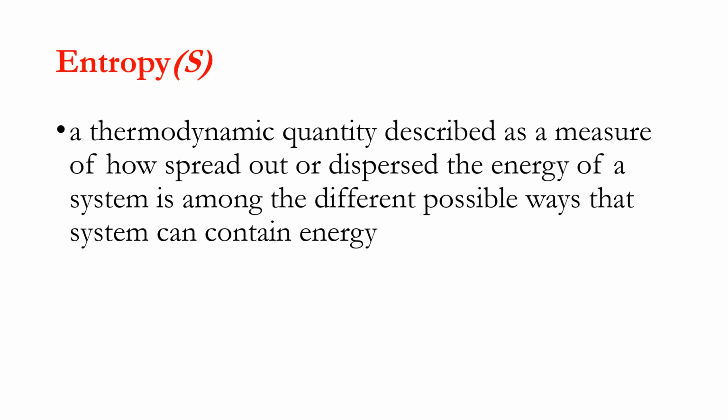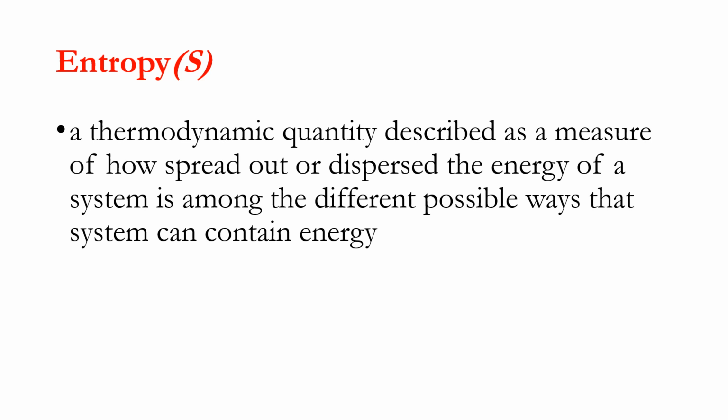What are these possible ways? We all know that particles, even in solid, are in constant movement. Take note that particles exhibit different types of motion. They can exhibit translational motion, rotational motion, vibrational motion.